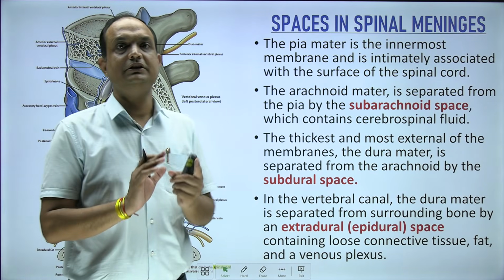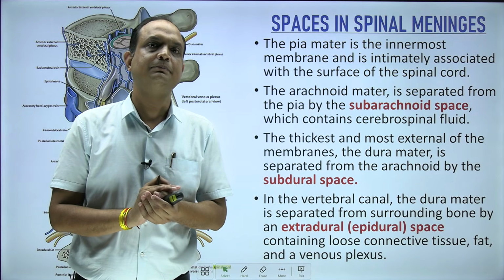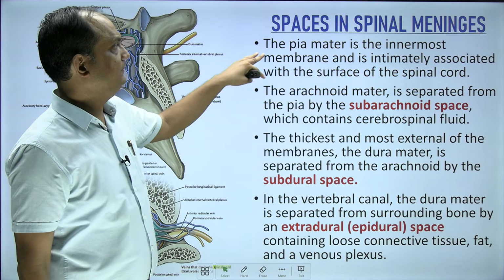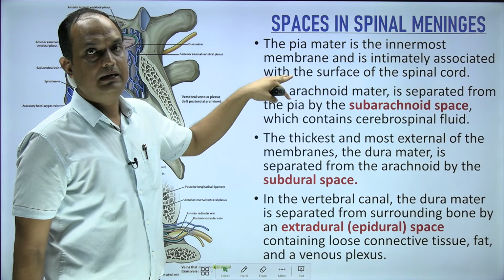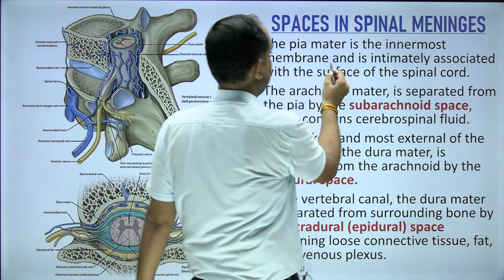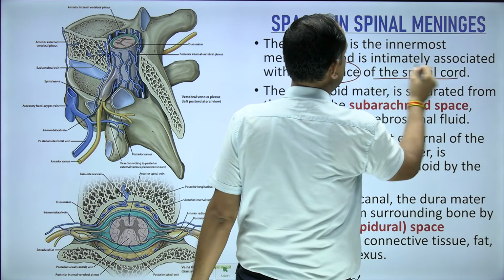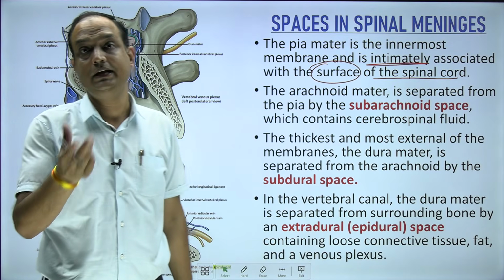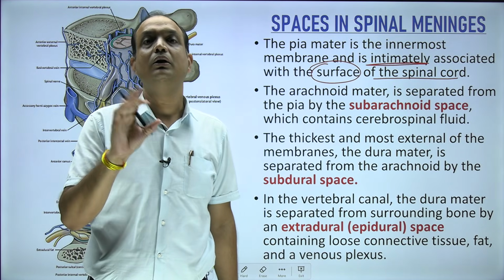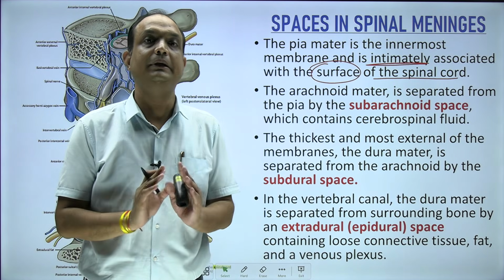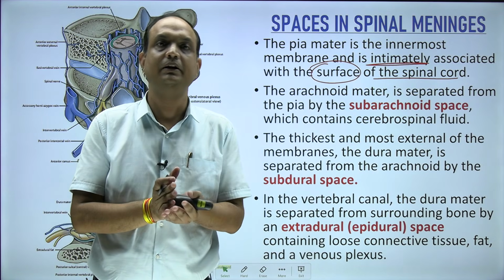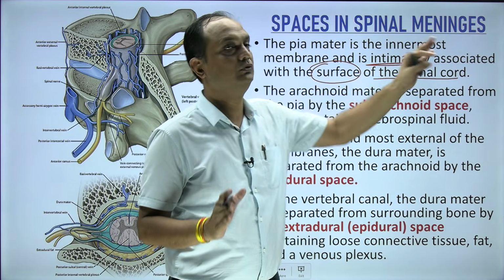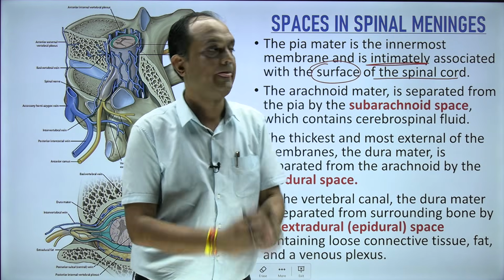Now in between the spinal meninges you will find some spaces. The pia mater is the innermost membrane and it is intimately associated with the surface of the spinal cord. When you are doing a dissection and take out the spinal cord, you are not able to appreciate the pia mater because it is a transparent membrane and remains firmly adherent to the spinal cord.